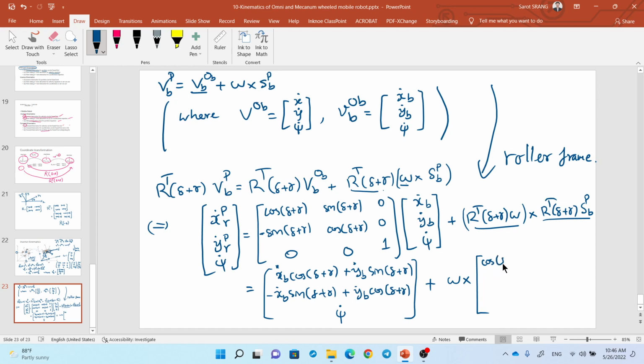Okay, let's write this down: cos delta plus gamma, minus sine delta plus gamma, sine delta plus gamma, cosine delta plus gamma, 0 0 0 0 1, and this one is L cos alpha, L sine alpha.